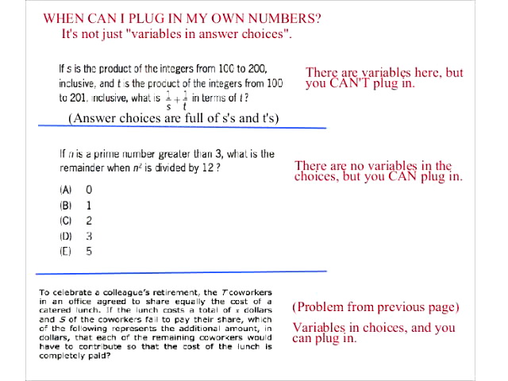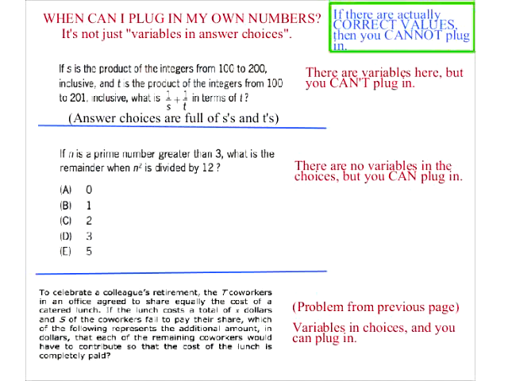The real issue is if you can't find the values. If there are actually correct values, then you cannot plug in. Because when you plug in, what you're doing is you're basically making up a random value for a variable. And so if there are correct values, then it doesn't work.